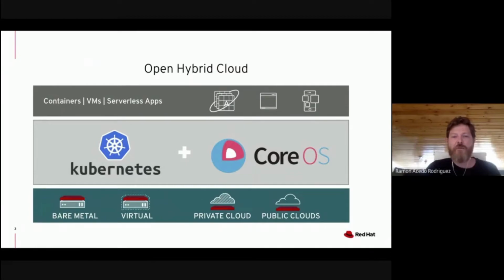And in line with this, the open hybrid cloud concept rests on 4 footprints, essentially. One is bare metal. That means your cluster will be directly installed on bare metal nodes. Virtual, traditional virtualization, any of the popular platforms for traditional virtualization, is another of the very successful and popular footprints. And private cloud, which is the one we're going to talk about today, and public clouds, obviously.